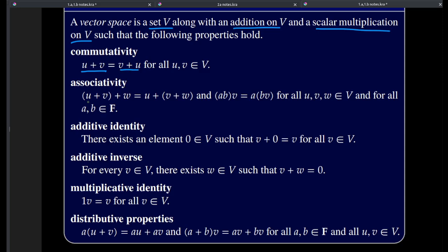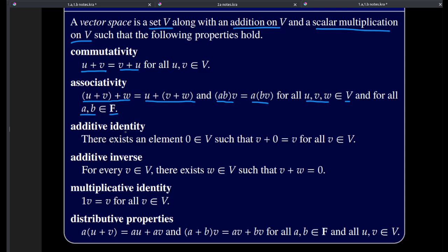Okay, the next one is also nice. We've seen this pop up many times before. Associativity. If you've got two pluses, it doesn't matter which one you do first. And same for multiplication. You've got two multiplications, doesn't matter which one you do first. And this holds for everything in the set V and all scalars in the field. That is, field elements that we're using with our scaling operation.